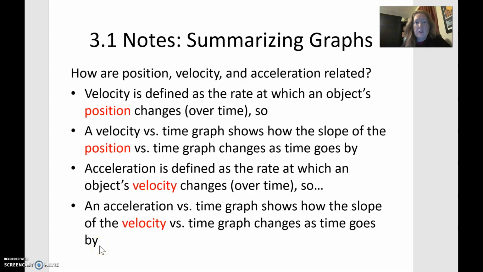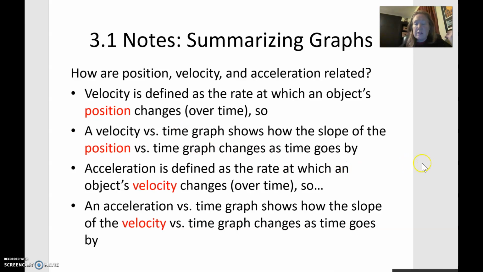Okay, in this video, we're going to try to summarize the trends in the position and velocity versus time graphs and the relationships between all of these variables that we've been talking about. So we know from the last chapter that velocity is the rate at which an object's position changes. It's displacement over time.